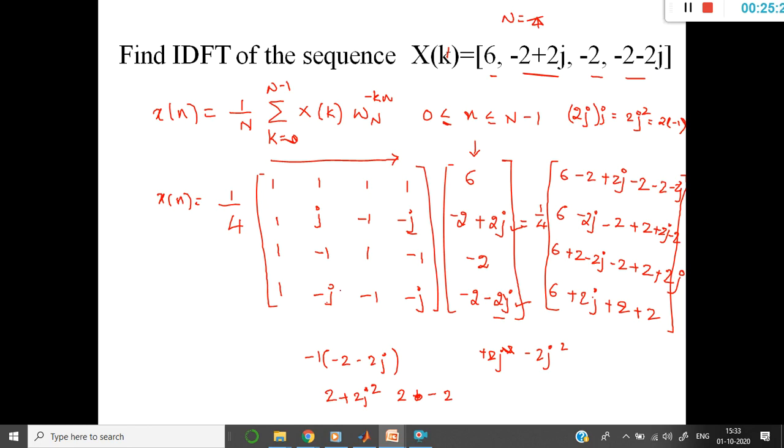This is minus j. Correct, no? No, sir. Oh, X of k you took. Okay, okay. You took minus one, no, sir. It should be plus ones. Here, all four. All 4 plus 1? Yes, sir. The formula is correct.